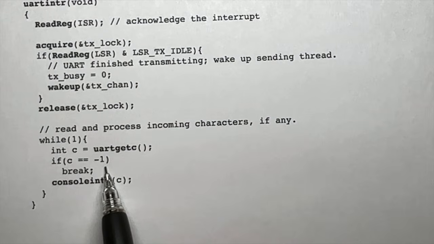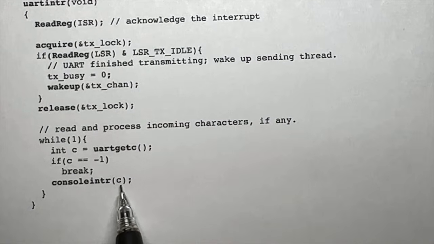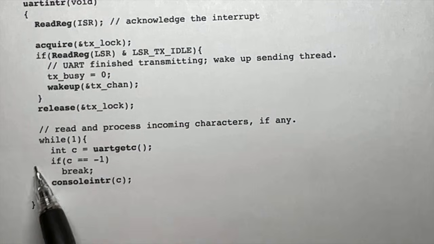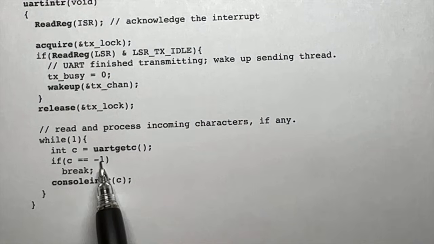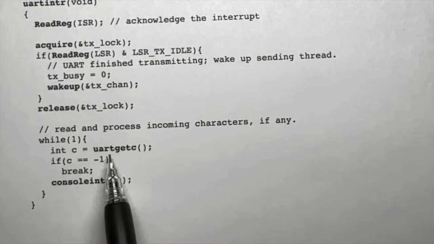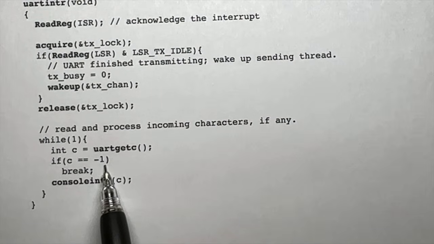For each received character, we call the function console enter or console interrupt, passing the byte that just came in. And we keep fetching characters until there are no more waiting to be retrieved, and UART getc returns -1.